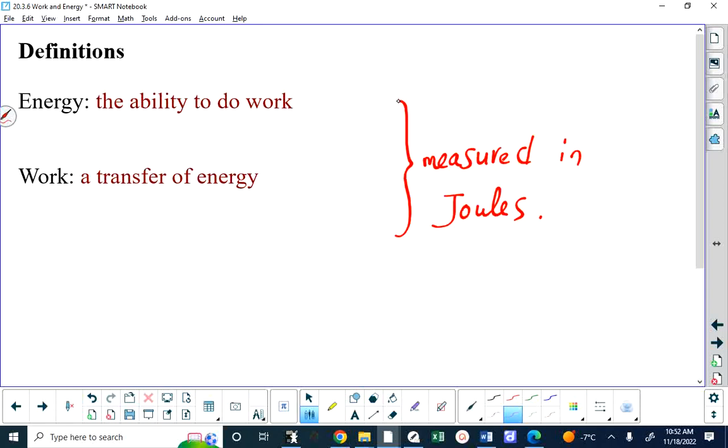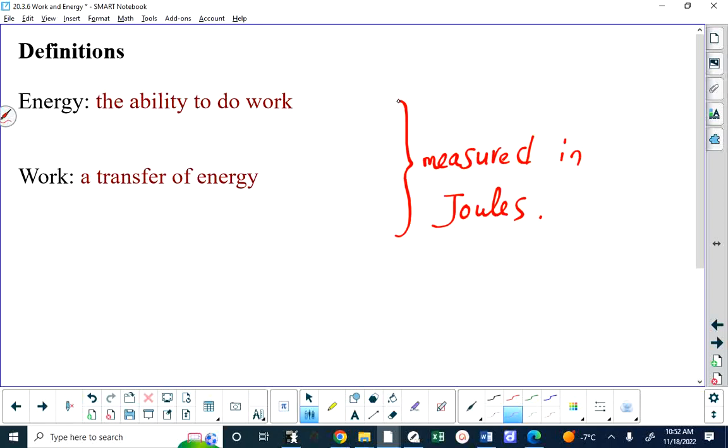That's work. That work of moving my heart and even breathing requires energy, because energy is the ability to do work. So what happens is, when I do that work, I transfer the energy out of my energy store into something else. And by the way, it eventually all becomes heat.